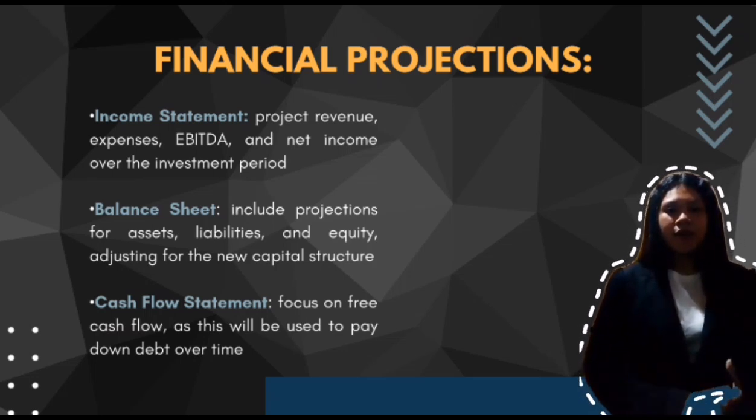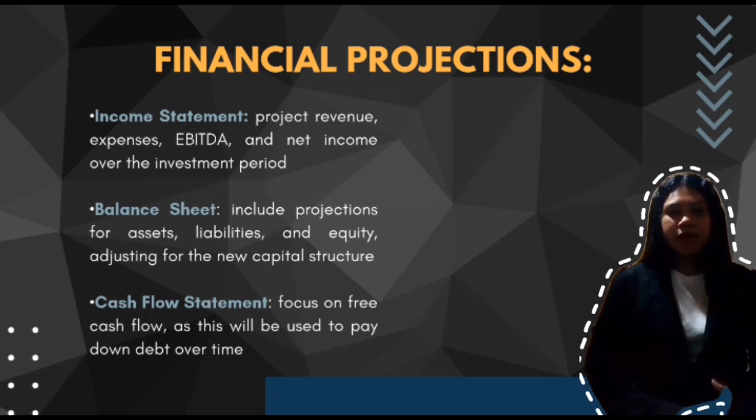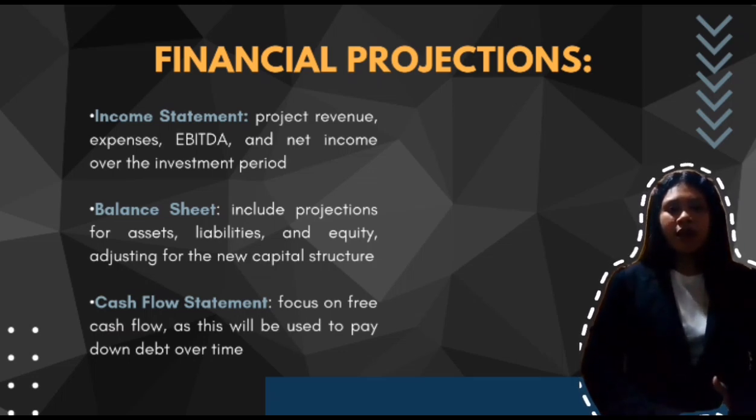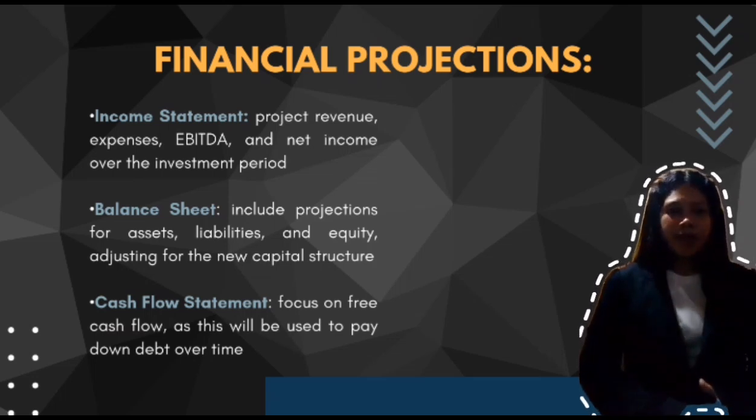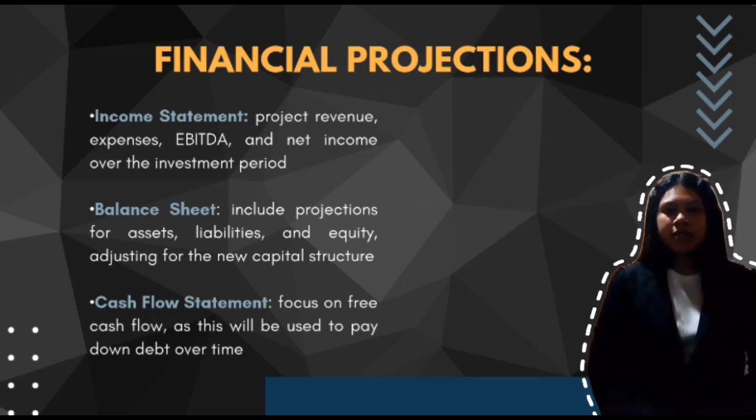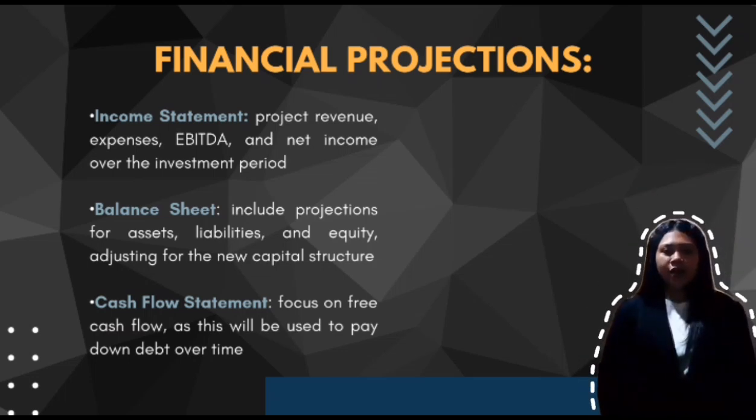The first one is the revenue, or the total amount of money generated from sales or services. The second one is the expenses, or the costs incurred in running the business, including cost of goods sold, operating expenses like rent, salaries, utilities, and interest expense and taxes. The third one is the EBITDA, or the earnings before interest, taxes, depreciation, and amortization.